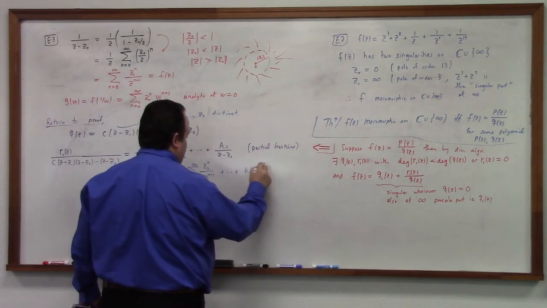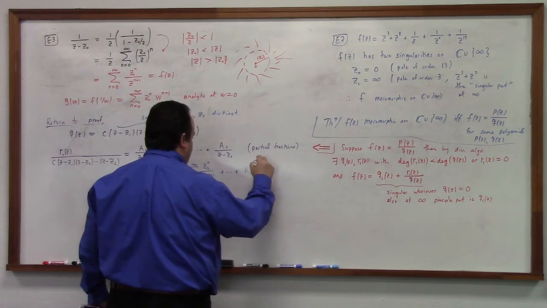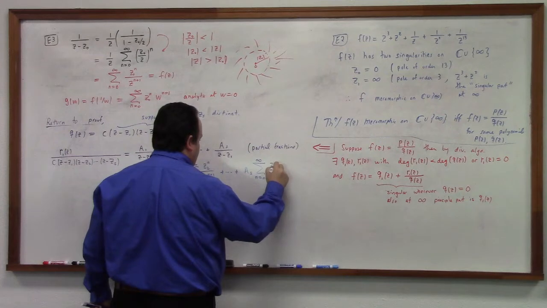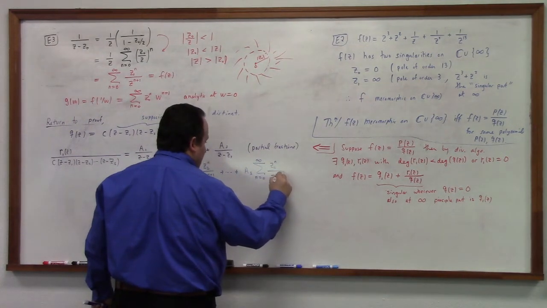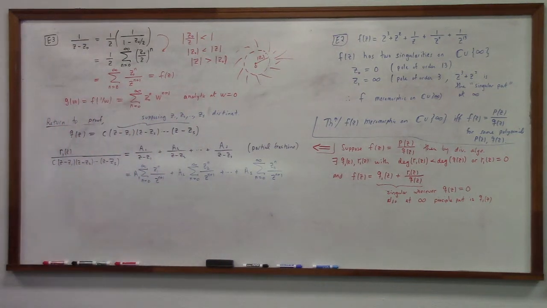Well, is this okay? I mean, wait a minute. You mean to tell me you're going to do not 1, not 2, but s applications of the geometric series? Yeah, I'm saying that. And so what condition do we need overall for that to hold? We have to be beyond the modulus of z naught.